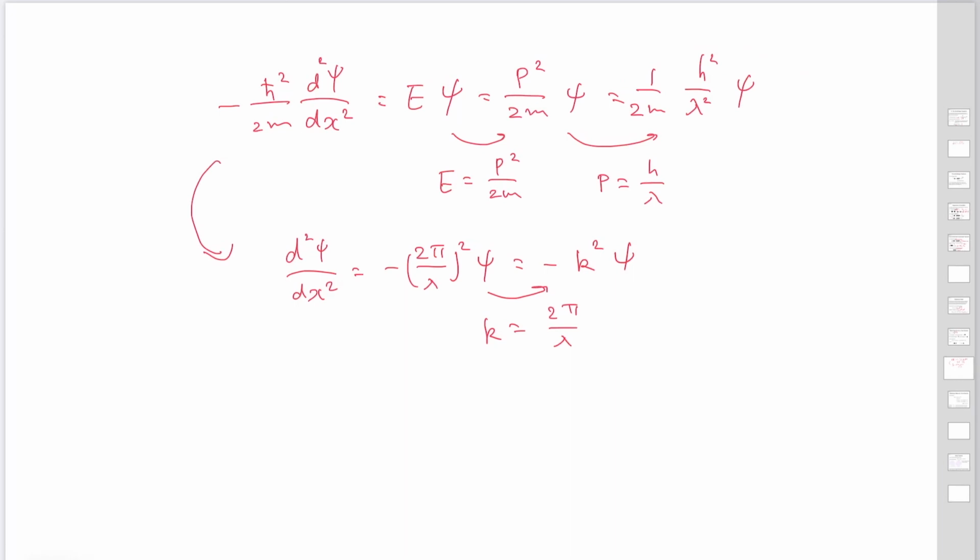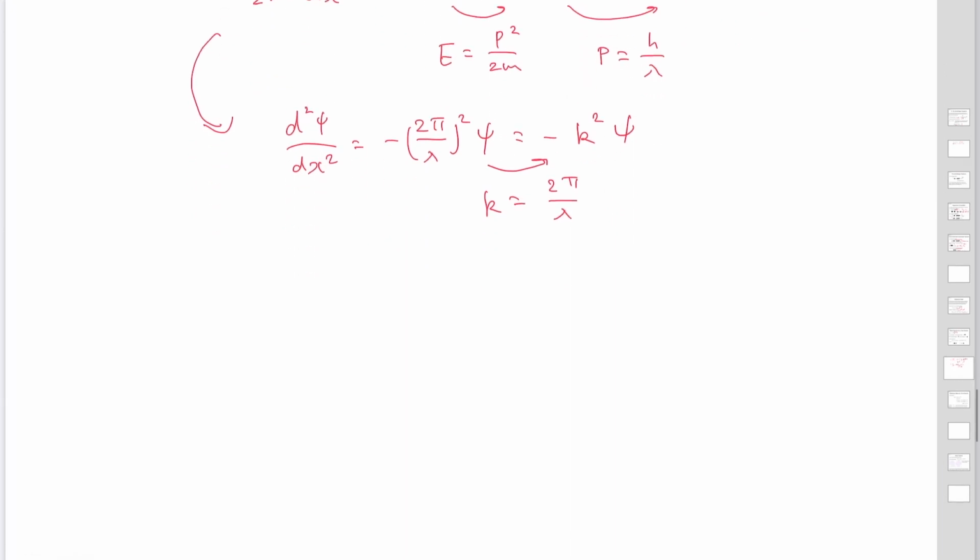So finally we have a second-order differential equation, minus k squared psi. The solutions of this equation, psi, could be exponential ikx or exponential minus ikx. So we have two possibilities.